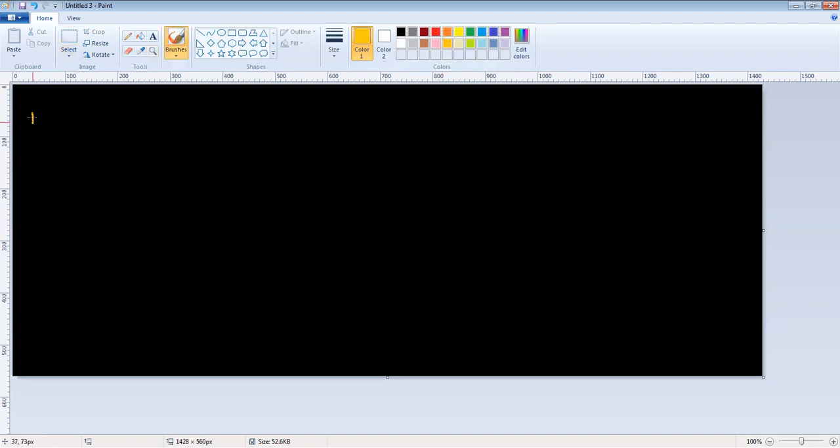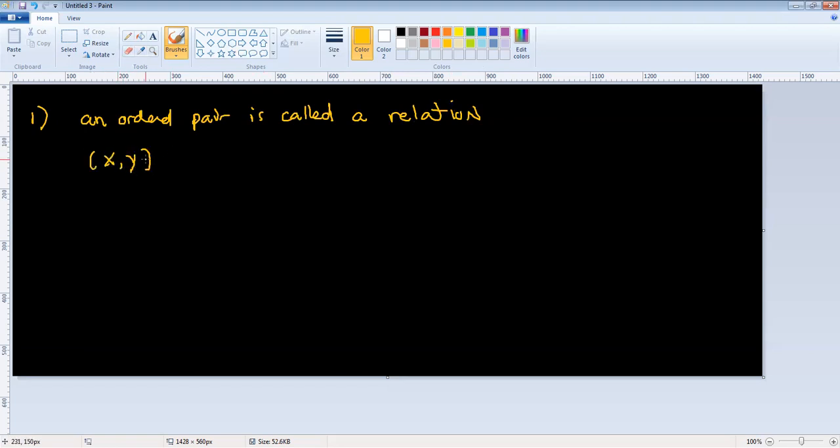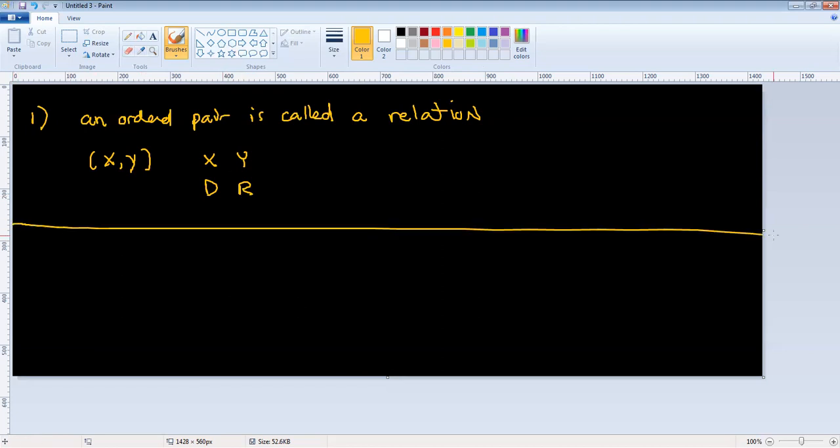Okay, what about this? An ordered pair is called a relation. Remember, x is the domain and y is the range.